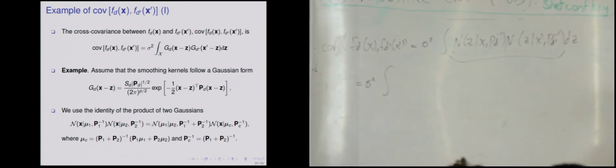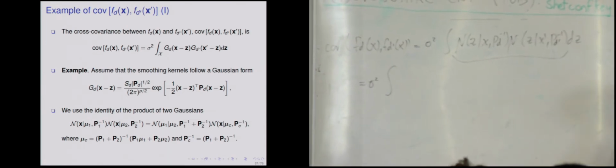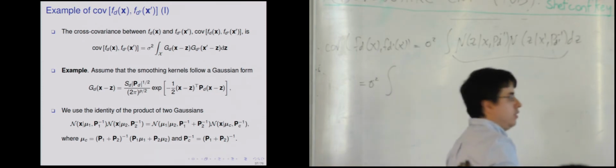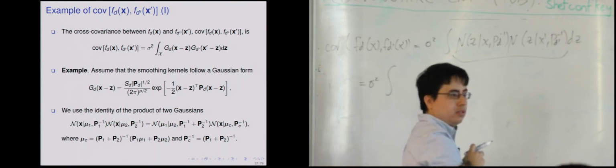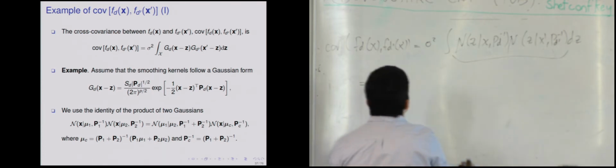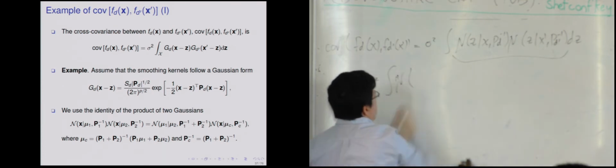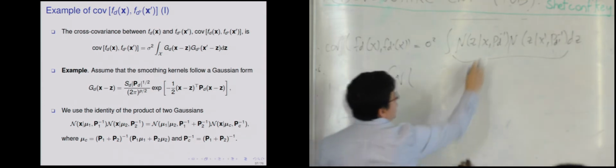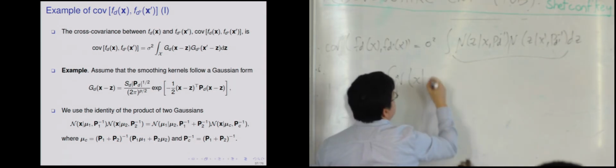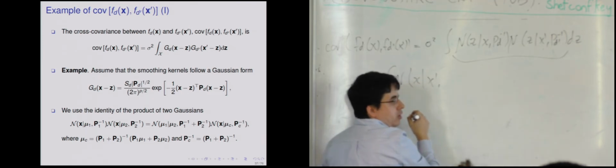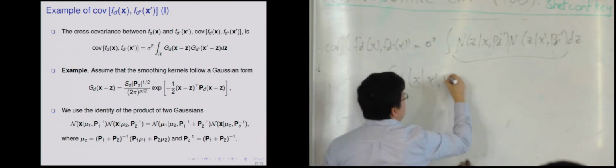So I have to take the first mean of the first Gaussian, the second mean of the second Gaussian, yeah? And then add the covariances. Yes? So I get the Gaussian, the first mean is x given the second mean x prime, and then I add the covariances.